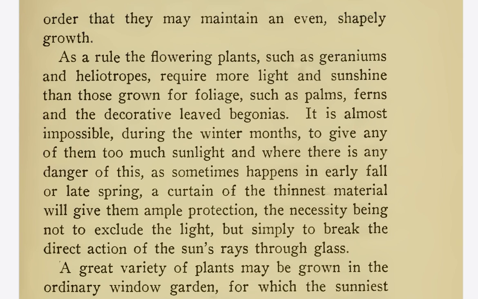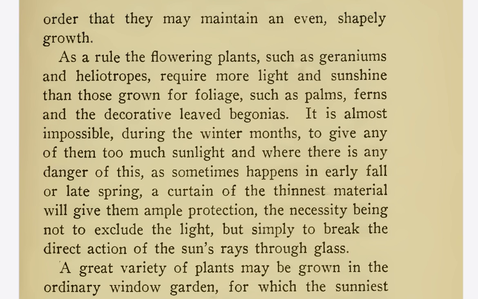As a rule, the flowering plants, such as geraniums and heliotropes, require more light and sunshine than those grown for foliage, such as palms, ferns, and the decorative leaved begonias.